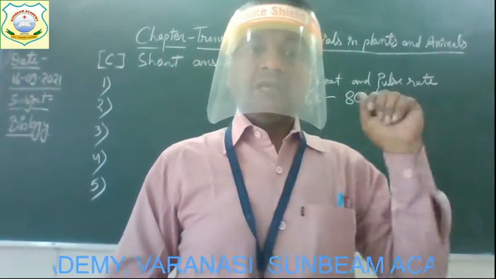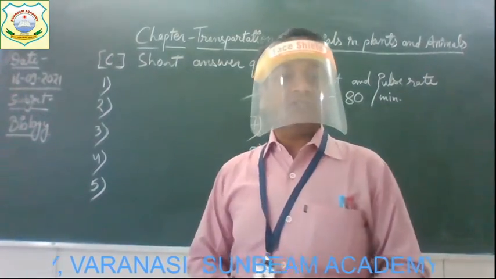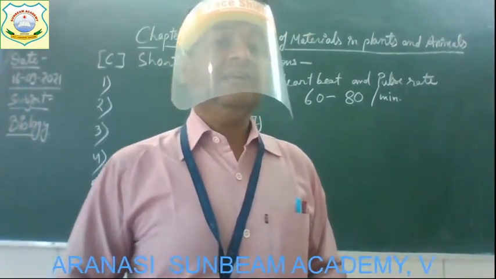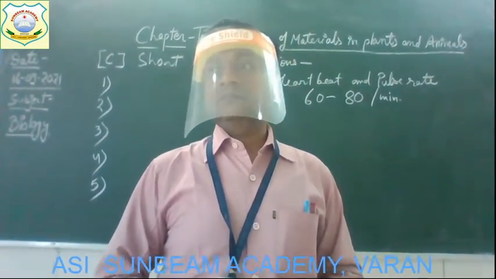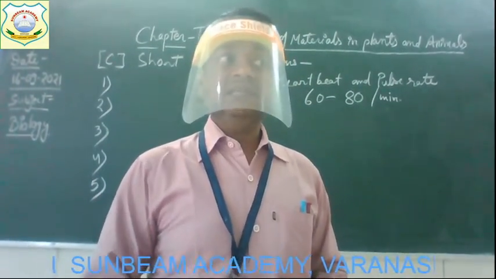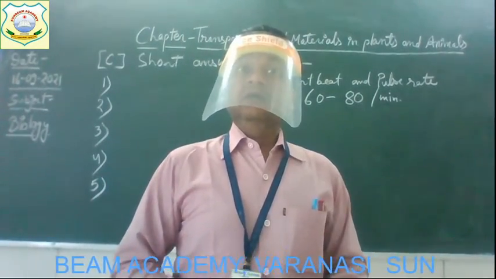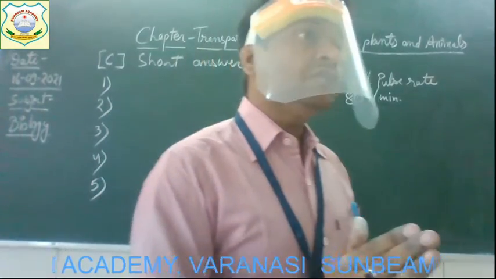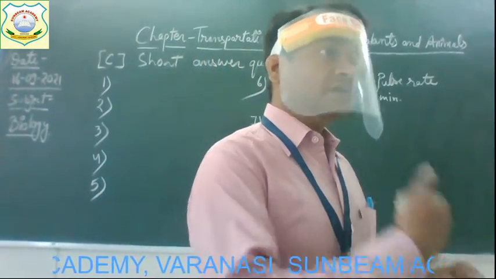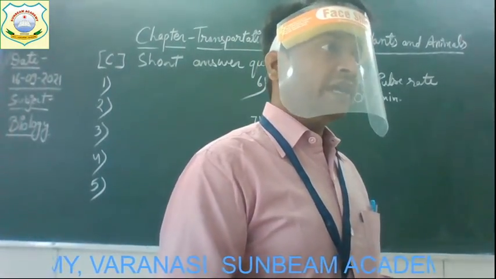Okay? Now the next question, number 8: what is excretion and why is it important? So children, the waste material is also separated from the body through the blood, right?